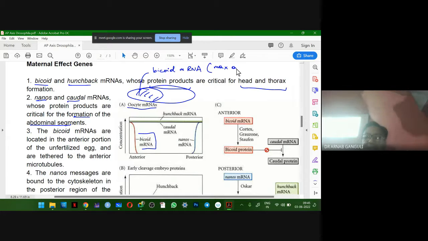There is a gradient. Concentration falls. In the anterior end this is the maximum, somewhere in the middle this is the minimum, and in the posterior side there is no bicoid mRNA. Similarly, look at the red level, from high to low. As it goes from anterior to posterior, the mRNA levels decrease. Similarly, nanos mRNA is high in the posterior side, and as it goes towards the anterior, its levels decrease. Okay?